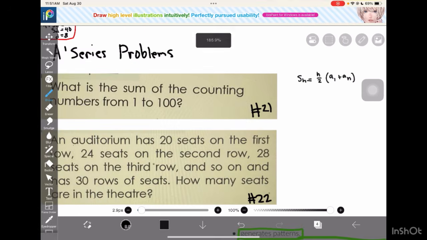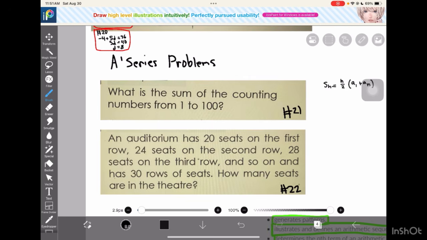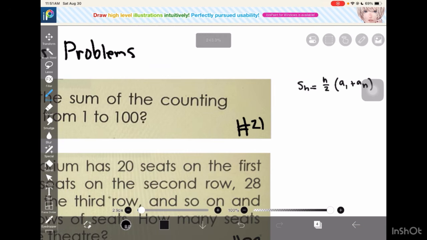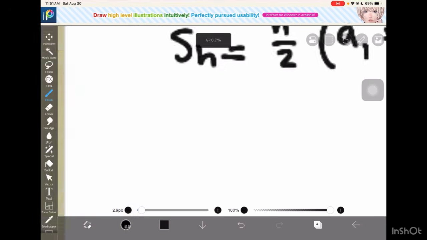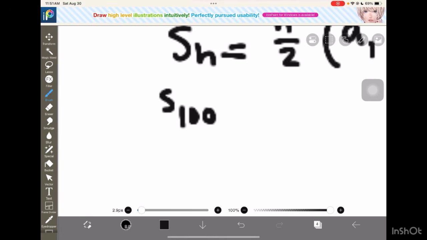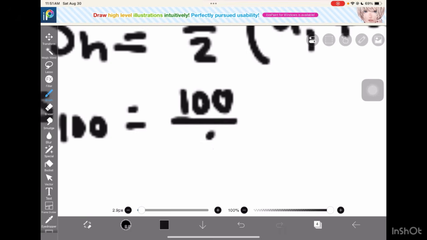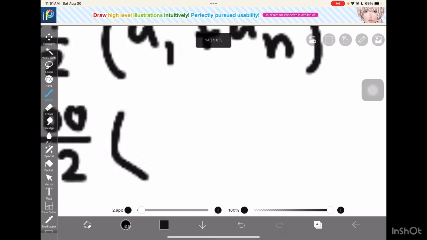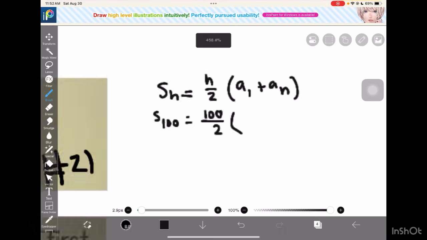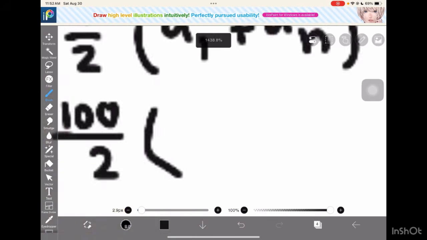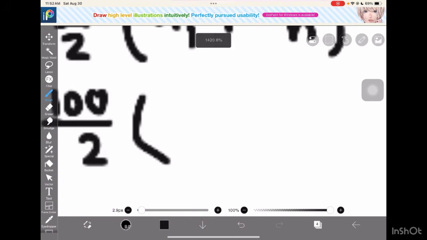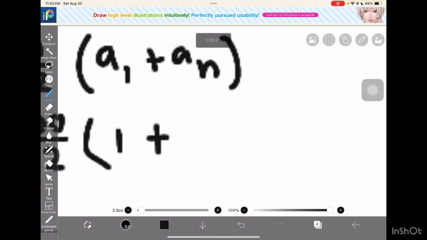Alright, so here, what is the sum of the counting numbers from 1 to 100? So 1 to 100 is clearly 100 numbers, so we put S of 100 is equal to, our n is 100 over 2, and then a sub 1, which is clearly just 1, plus 100.